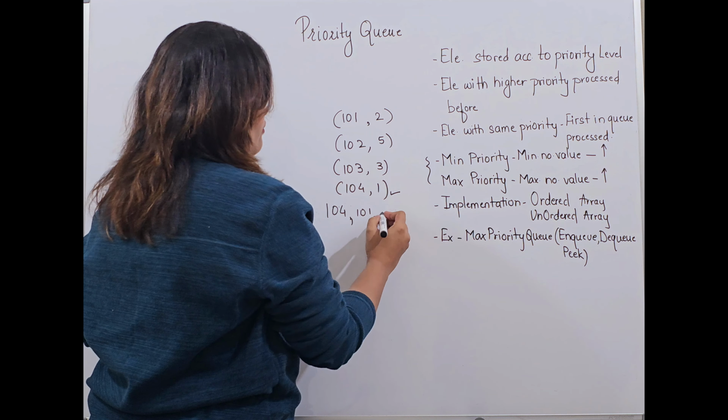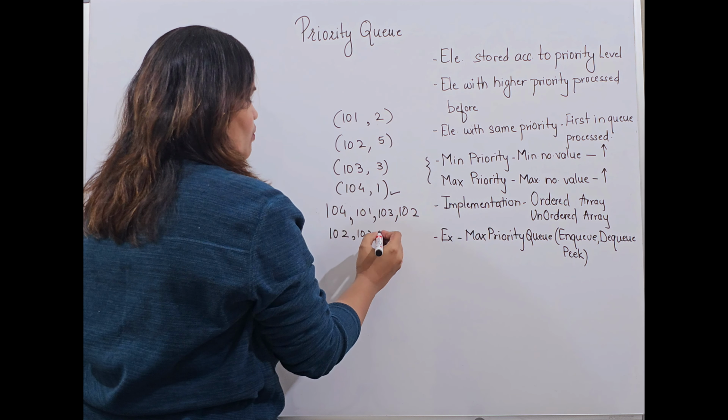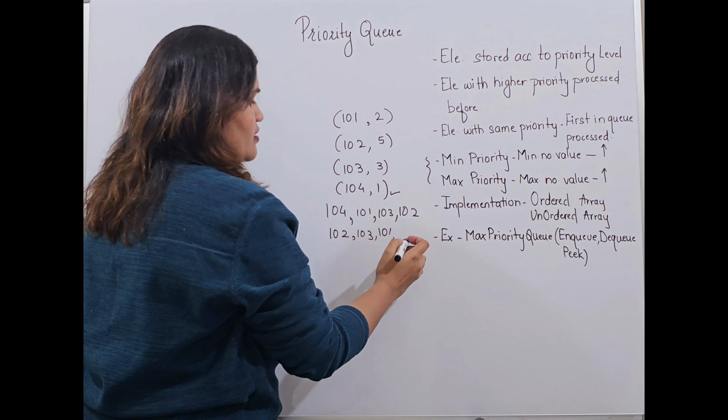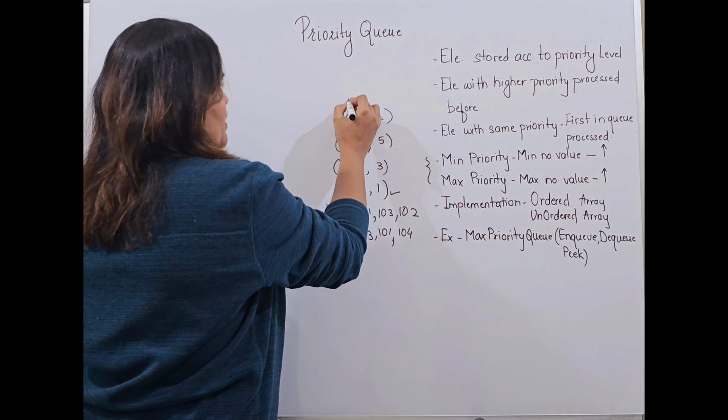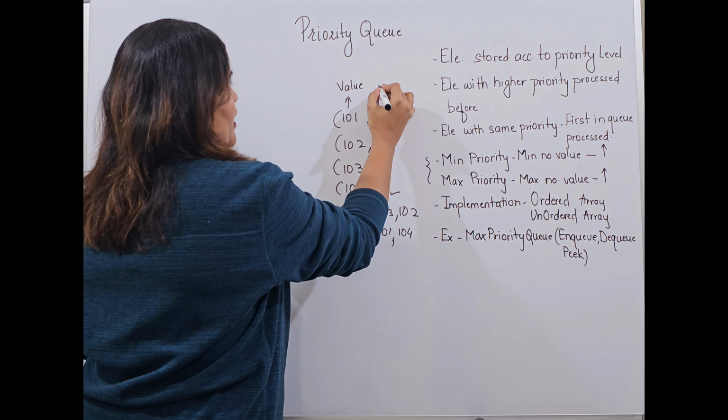If I'm following maximum priority, the priority which has the maximum value will be of higher priority. In this case, which is maximum? 5. So this will be processed first, that is 102. The second highest is 103, the third highest is 101 and the fourth highest is 104. So these are your values and this is your priority.